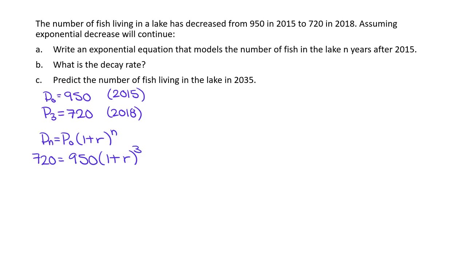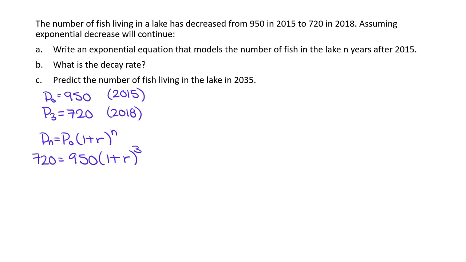I'm going to plug these numbers into that exponential equation. So the 720 is my Pn, 950 is P0, so 720 equals 950, 1 plus r to the 3, because 3 years have gone by. I'm going to solve this equation for r the exact same way I did in the previous problem.